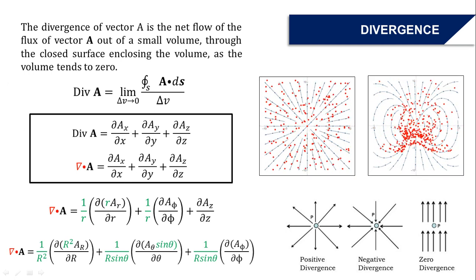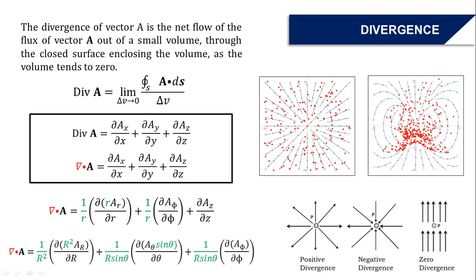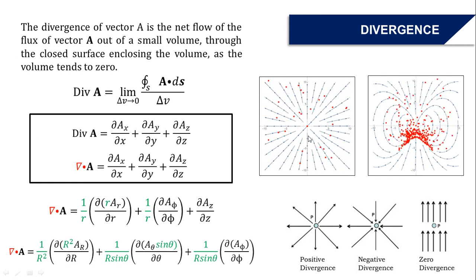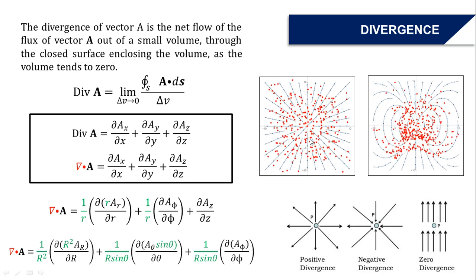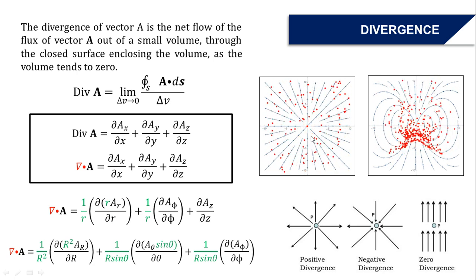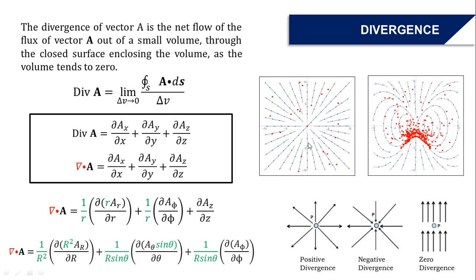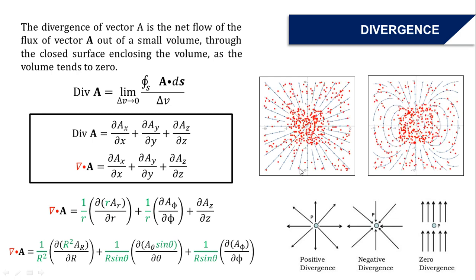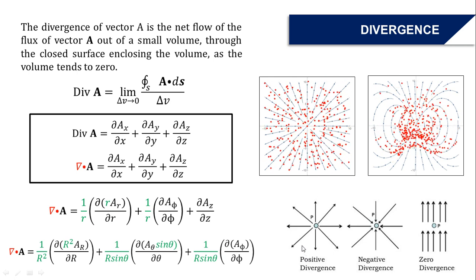So, before we start pala, ito yung result ng ating divergence. If we get a positive divergence, yung movement or yung behavior ng ating vector is actually going out from a point source kung meron tayong ganyan. So, ang tawag natin dyan is positive divergence.